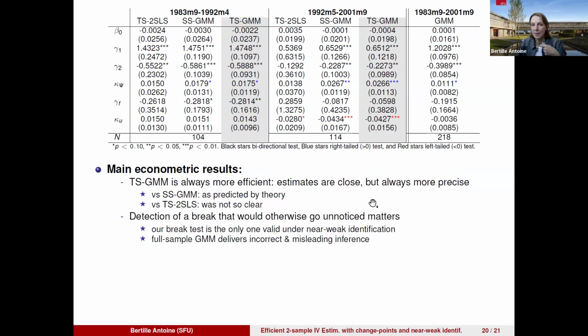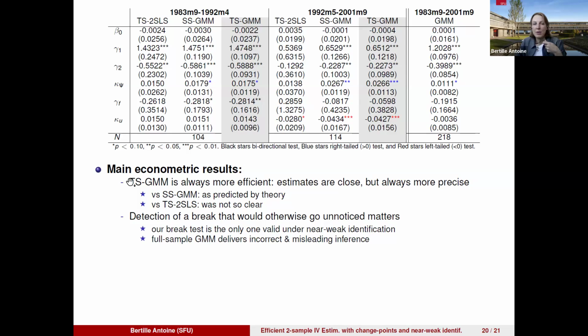Where we see differences is in the efficiency, which comes through standard errors and how significant the estimates are in each subsample. First and foremost, as predicted by our asymptotic theory, split-sample gets standard errors that are much larger than those obtained by two-sample GMM.